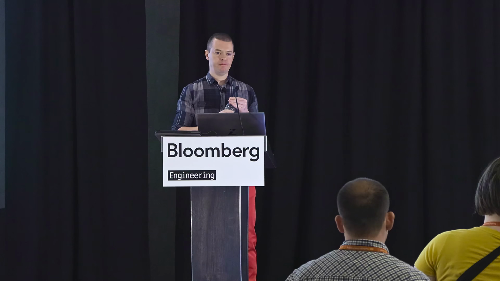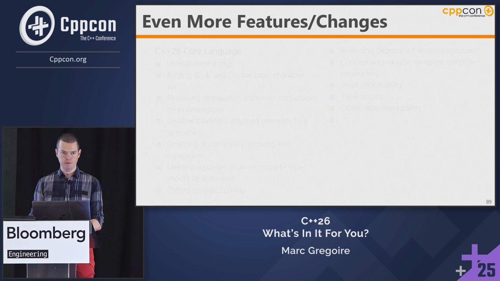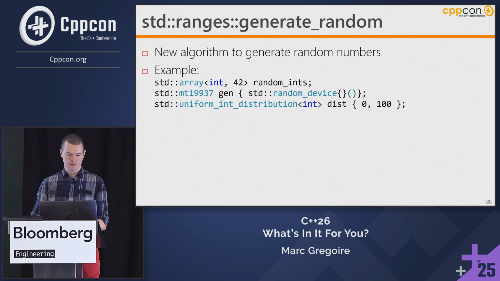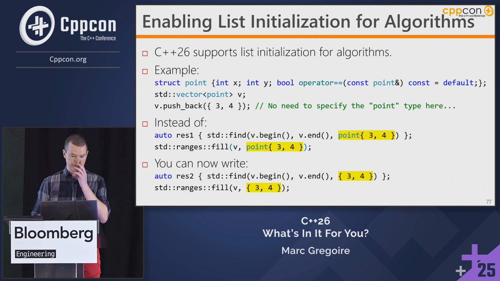Hello. So you said that the algorithms accepting just list initialization instead of actually requiring the type to be specified is a library feature. Was that facilitated by expanding the rules of the language, or did they just add new overloads that are more generic somehow, or how did they allow that?